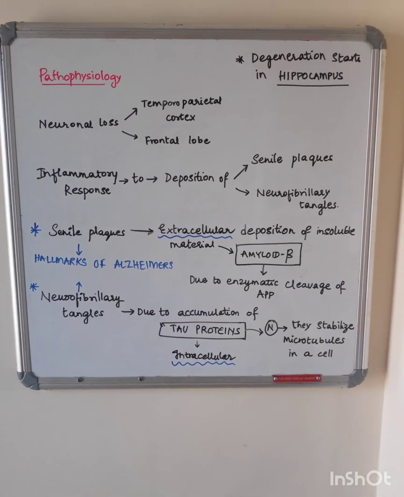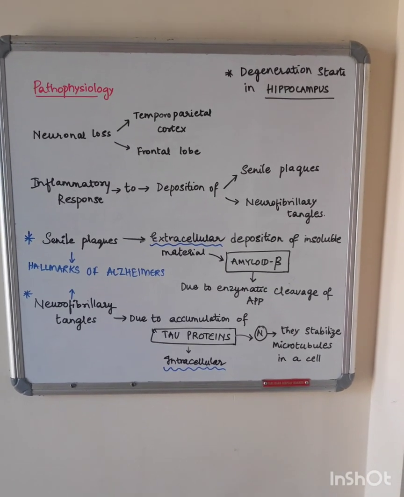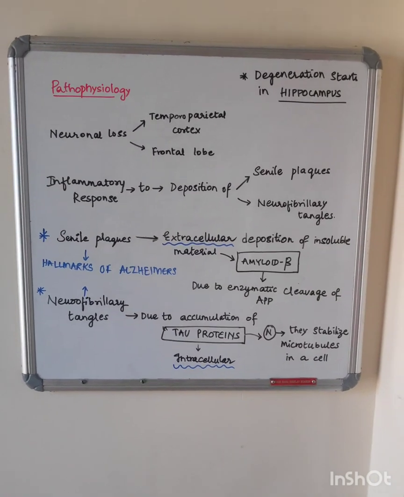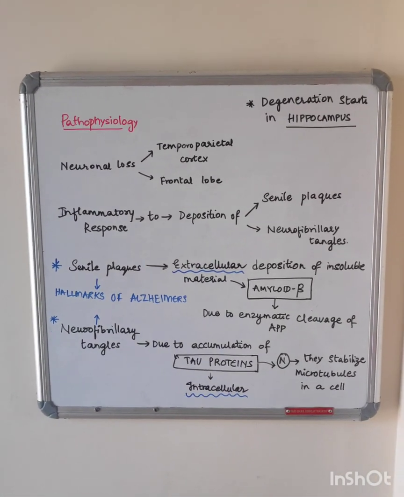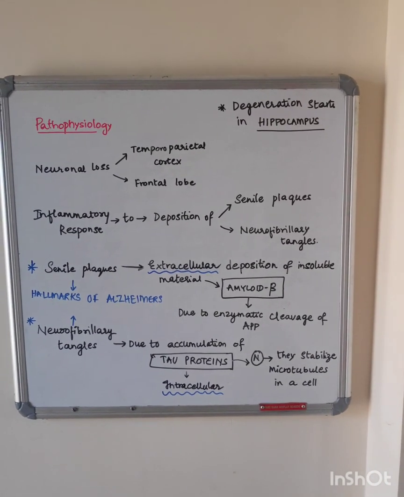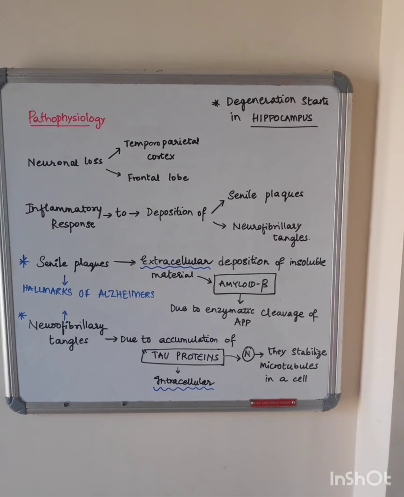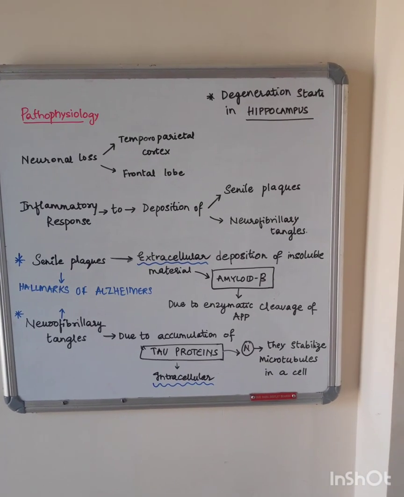And coming to the other one, neurofibrillary tangles. This is nothing but the accumulation of tau proteins. The main function of these tau proteins in the normal cell is to stabilize the microtubules. But here the function is lost, and the tau proteins get accumulated, which results in the neurofibrillary tangles.